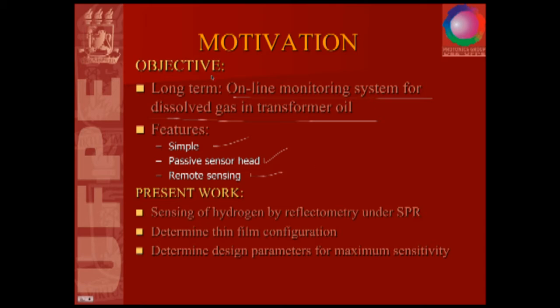This is the overall project. As part of this project, we are trying to obtain sensing of hydrogen by reflectometry under surface plasmon resonance. In particular, the problem we are studying right now is surface plasmon resonance in the Kretschmann configuration.